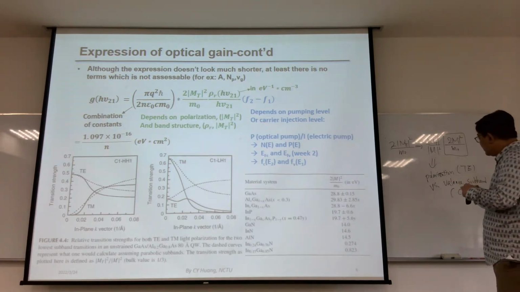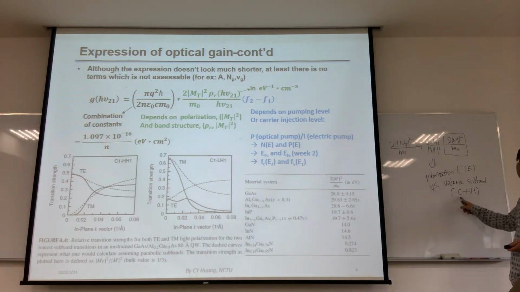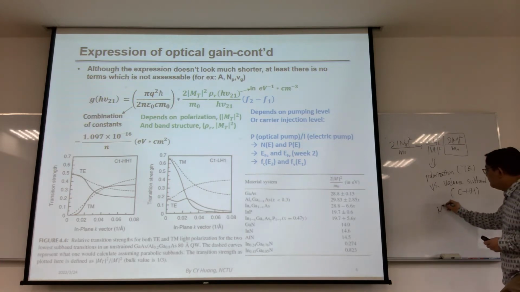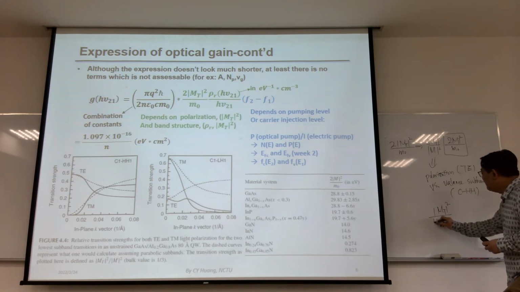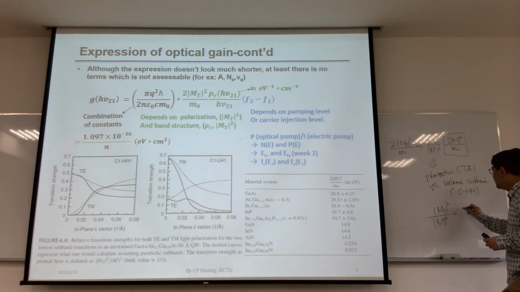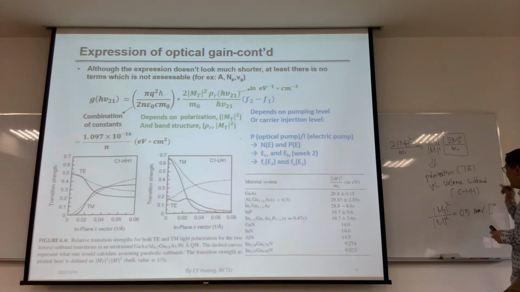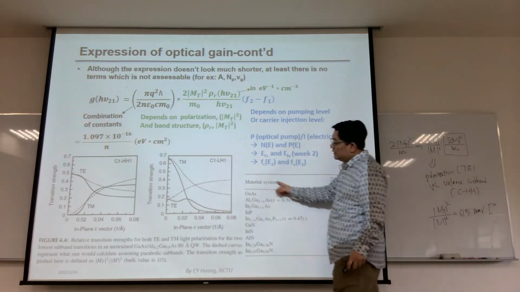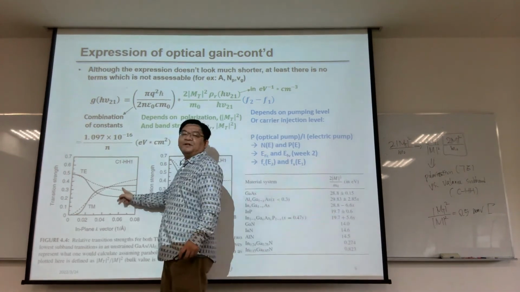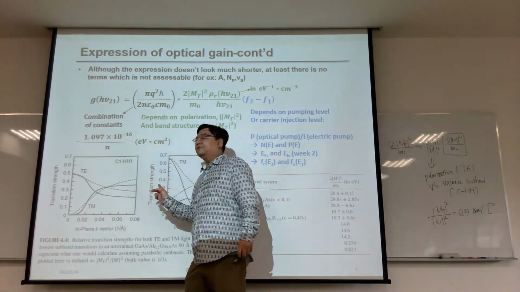CHH means the transition between the conduction band and the heavy hole subband. Okay, so in this case, for the m squared over n squared, it is 0.5 near the gamma point, near the band edge.